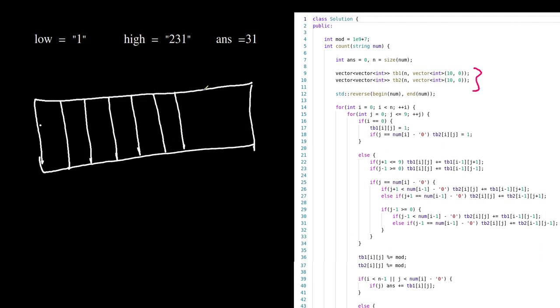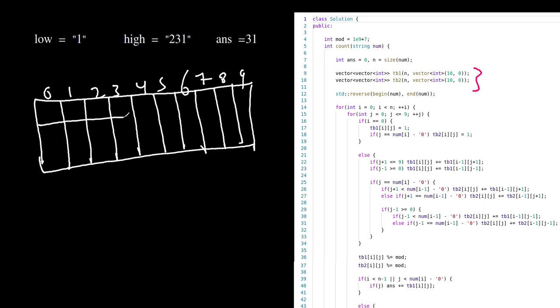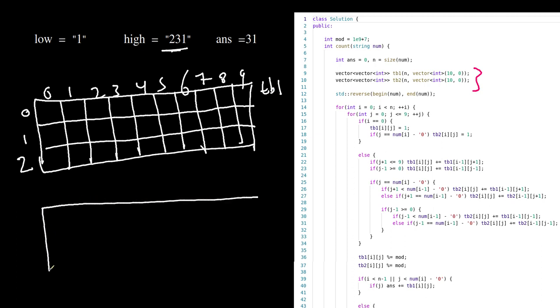Each column represents a digit value, 0, 1, 2, up to 6, then we have 7, then 8, 9, and we have 3 rows, 0, 1, 2, because we have 3 digits in the number. This is TB1. Initially all the values are 0.